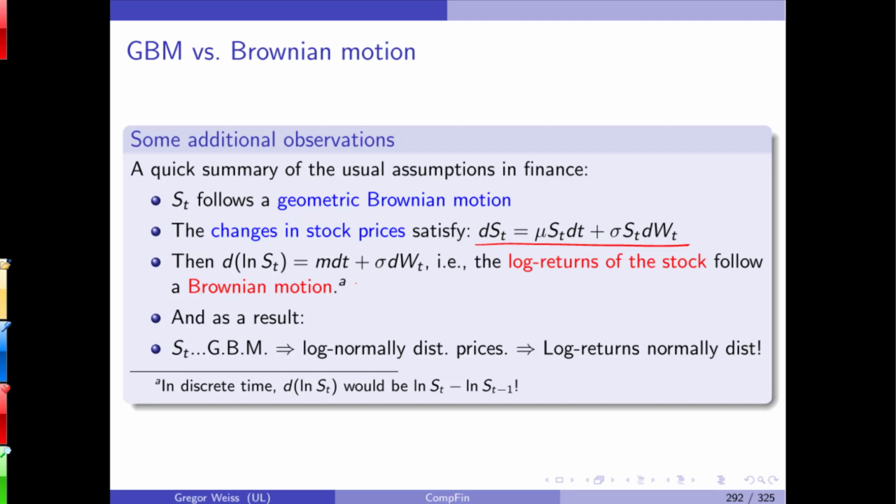And as a result, we get the assumption of a geometric Brownian motion for the stock prices: log-normally distributed prices and normally distributed log returns, moving from a geometric Brownian motion to a random walk for the log returns. And that's the formal and correct way of stating the assumption and differentiating between the assumption and all the results from that assumption.